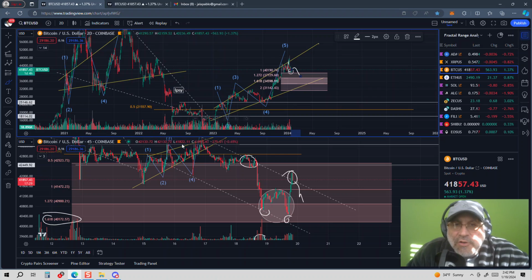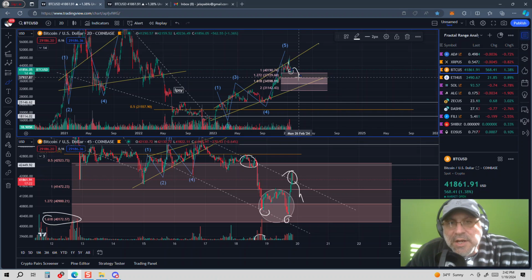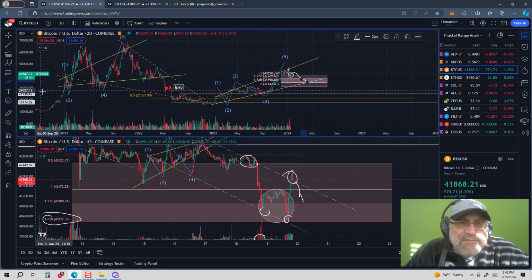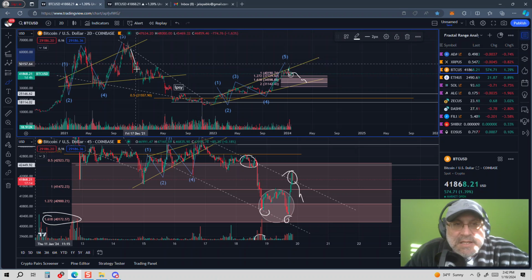We can reasonably expect this to come down and start hitting the fib retracements on the way down, the 1, the 1.272, the 618 down, and create the 5 wave, this ABC correction here, A, B, C.